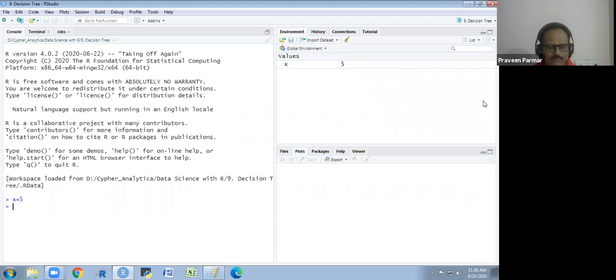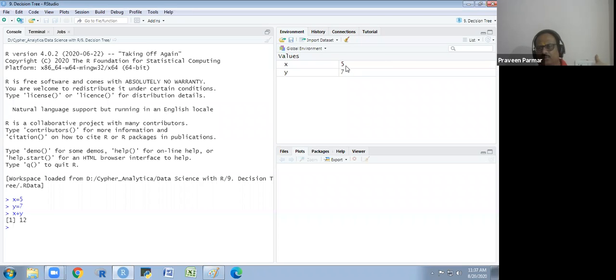If I write X equal to 5, Y equal to 7, and X plus Y, I get 12. So this is the console window. This one is the global environment, because you have assigned X the value 5, so it shows X is 5.